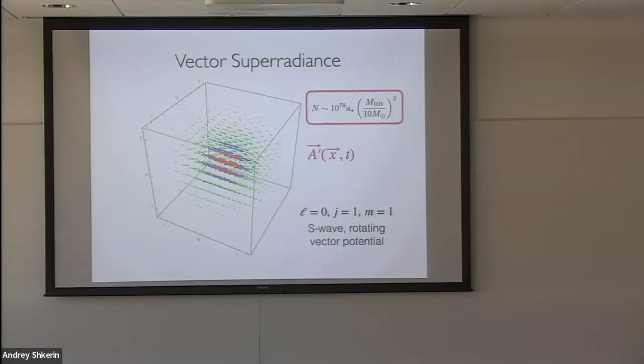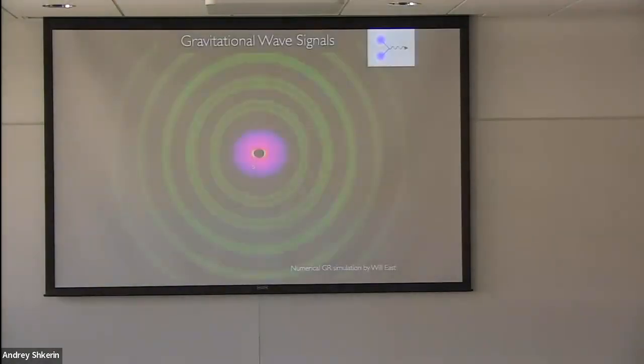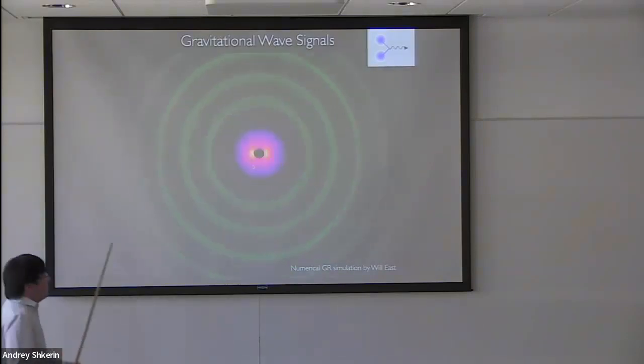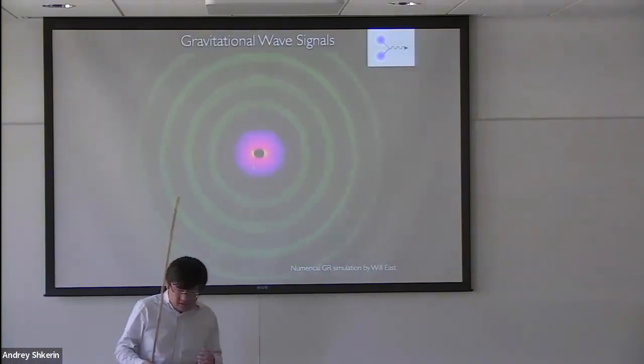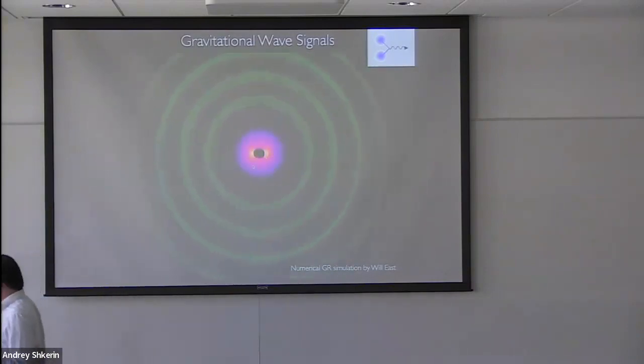Okay, so when the superradiance process saturated, we can get up to 10 to the 78 particles in this cloud. And to answer your question, this lowest superradiating mode is always rotating around the black hole after superradiance has saturated.